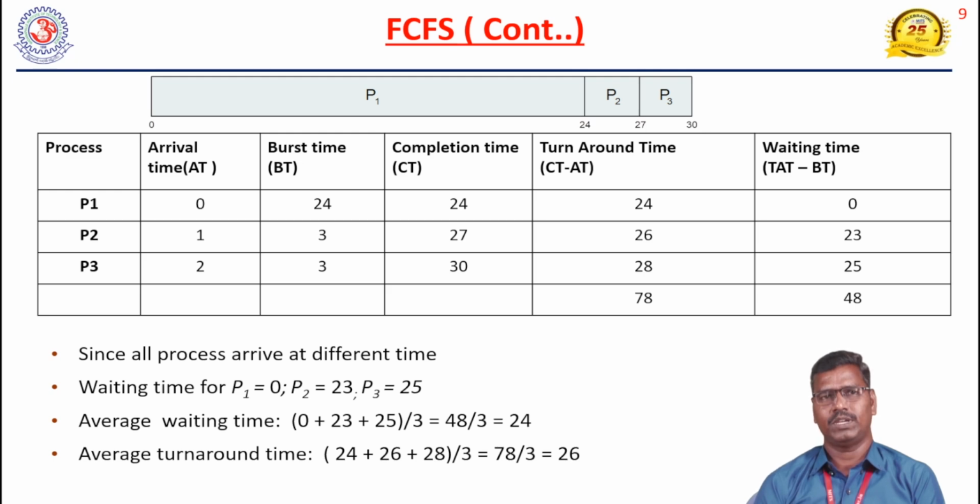And next P3, the completion time is 30 and the arrival time is 2, so 30 minus 2 is 28.